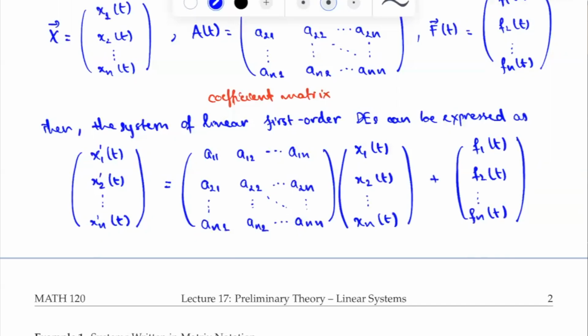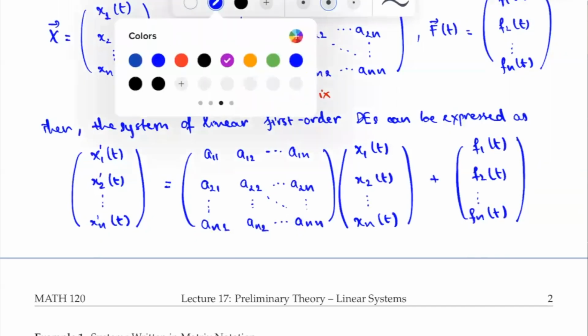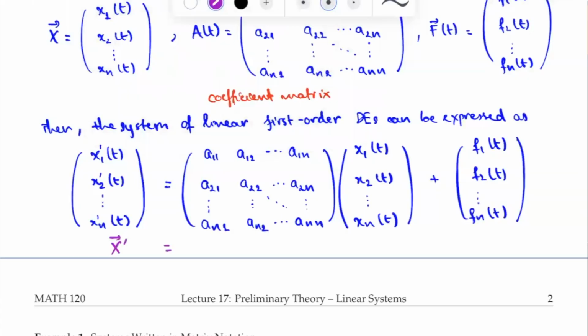Okay, and to make the writing even shorter, we're going to write this as capital X prime equal to A times capital X plus capital F.